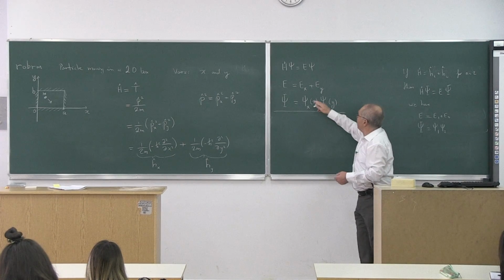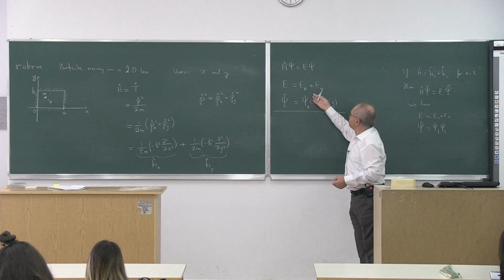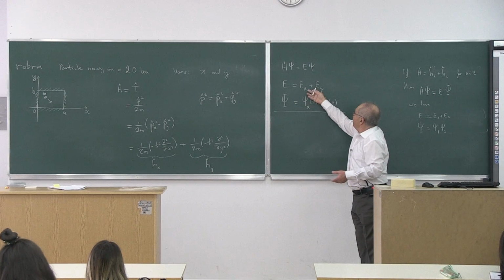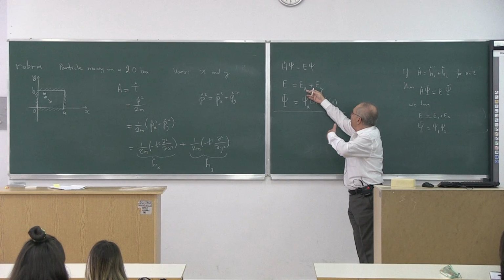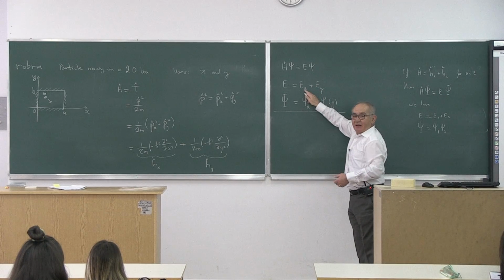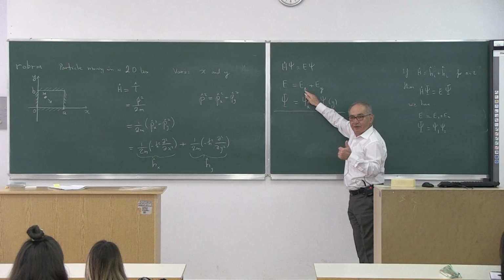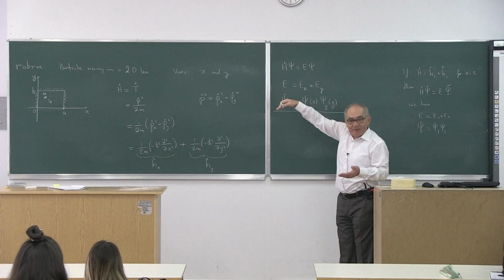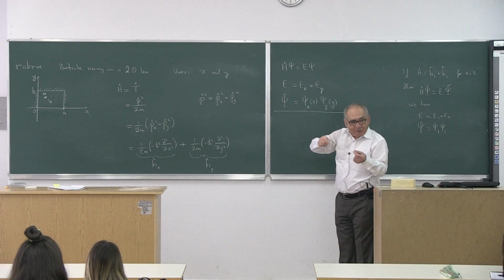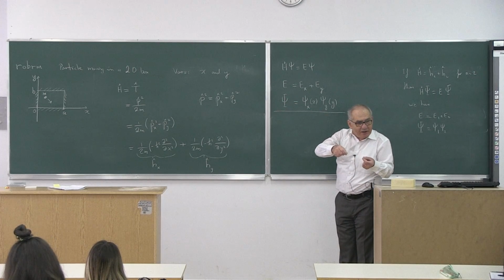Okay. Now, which numbers are allowed for the energy of the X particle? We have just done it before this example. What is the X particle doing?